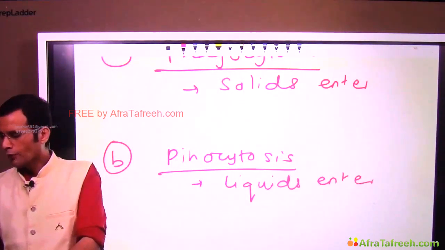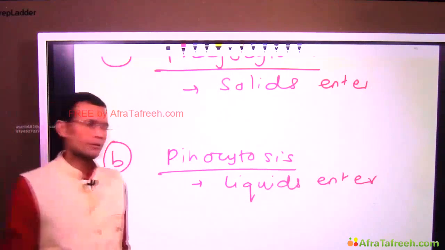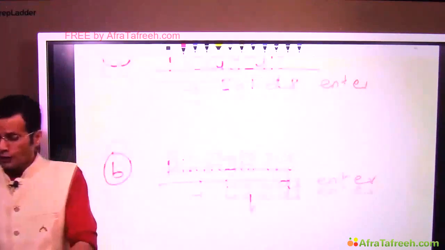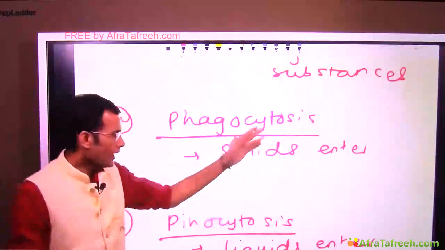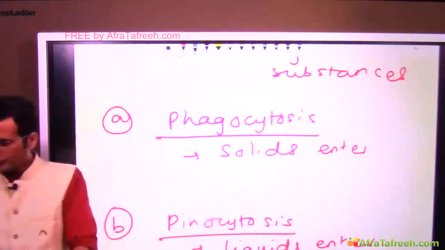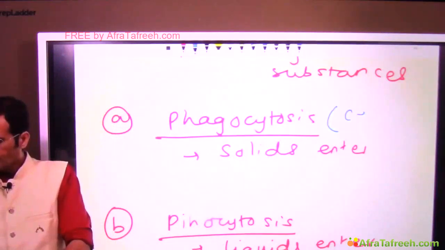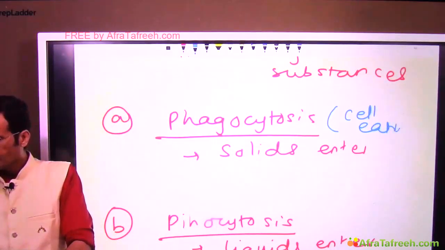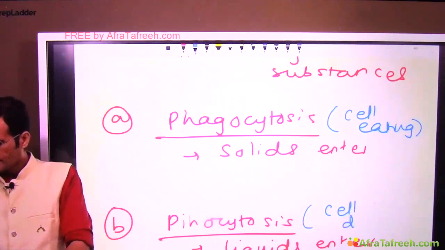So that's one way of classifying endocytosis. Since solids and liquids, that's how it's been differentiated. Phagocytosis is also sometimes called cell eating, and pinocytosis is called cell drinking.